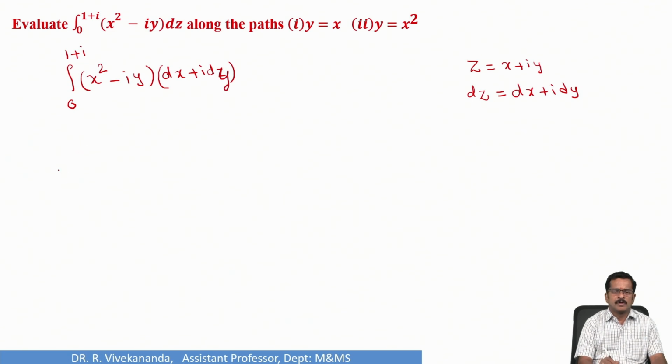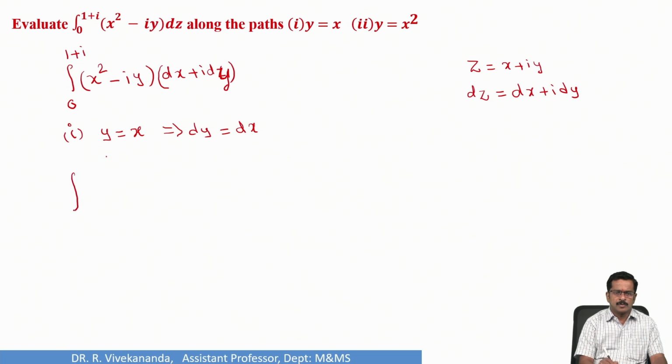So here along the path y is equal to x. Let us try to evaluate the integration along the path y is equal to x. So y equals x, that implies dy equals dx. Use this concept. You try to reduce the above integration into a single variable, that may be in x or y.